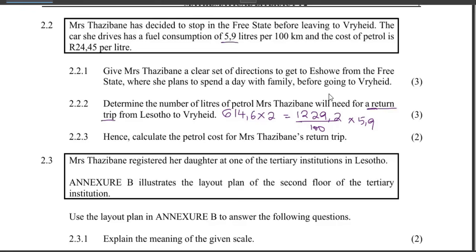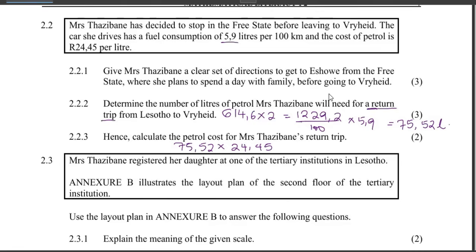So the number of liters is going to be 75.52 liters. Hence, calculate the total petrol cost. So we shall just say 75.52 times 24 rands 45 cents.